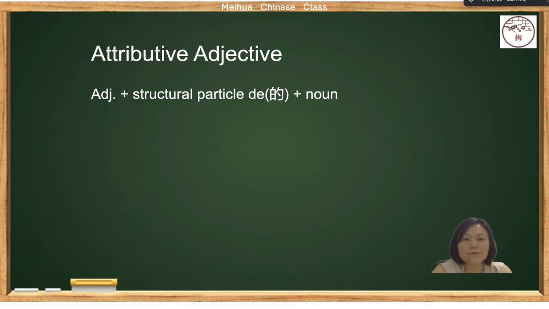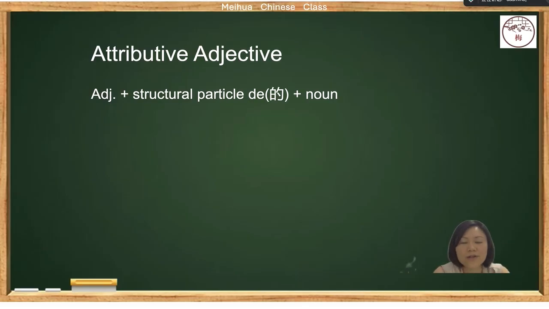So attributive adjective, this is simple, right? It just comes before a noun, but what's worth mentioning here is we should use a particle in between the adjective and the noun. This is not a rule that we can find in English, but I would say it looks a little bit similar to the grammar in Spanish.